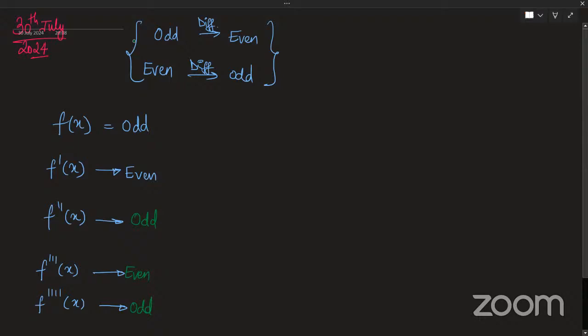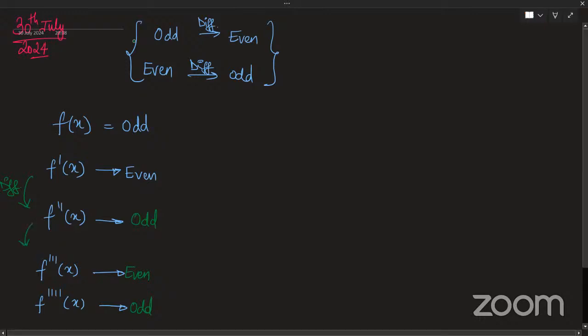See why it is happening in this way. It's pretty simple to think about. I am differentiating an odd function, and it is giving me an even function. But when I take the double derivative, I am basically differentiating f dash x. When I differentiate f dash x, I get f double dash x. So I am basically differentiating an even function, so I get an odd.